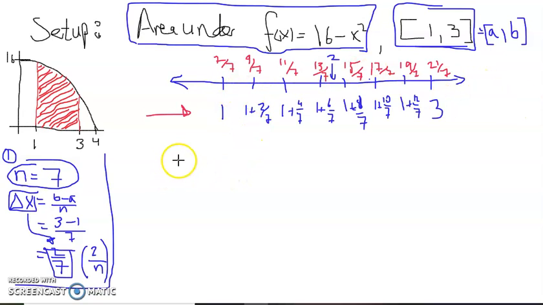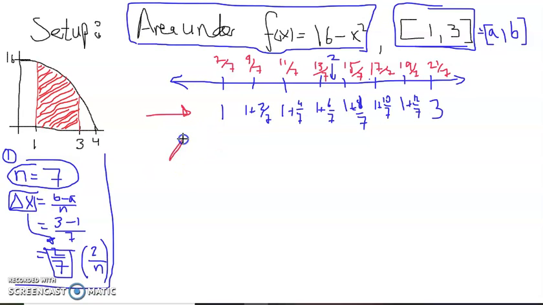Now let's actually go through, and we're going to do both left and right. We're at least going to identify both left and right points that we're going to choose in this one step.